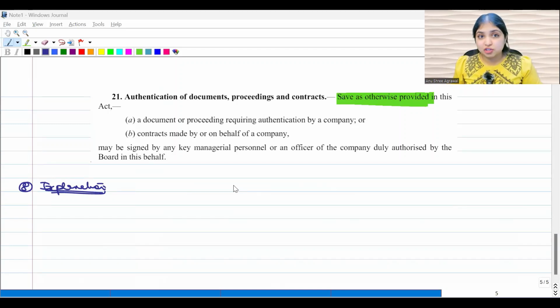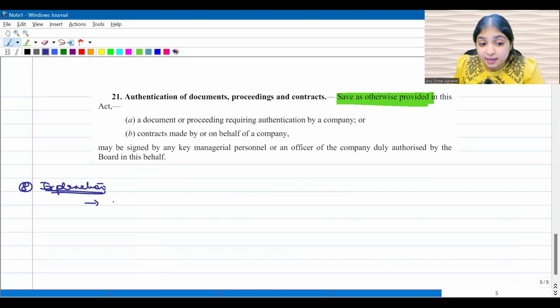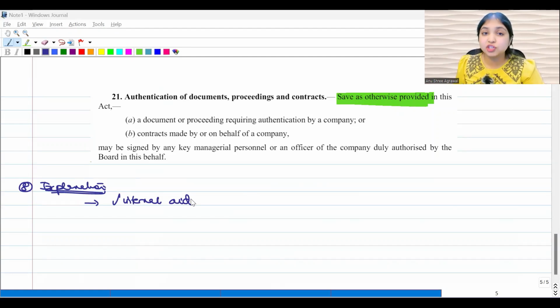Through the explanation, the lawmaker is trying to explain the meaning of a particular word or a particular text in that section. Through the explanation, either the lawmaker will include something or he will exclude something, but because of explanation, we cannot widen the scope of the section. I'll repeat once again, an explanation can be used as an internal aid for interpretation.